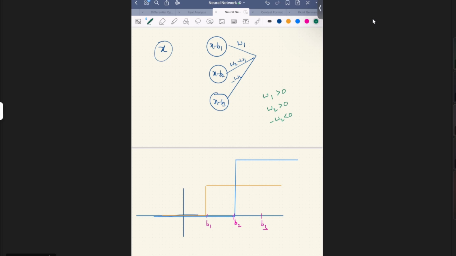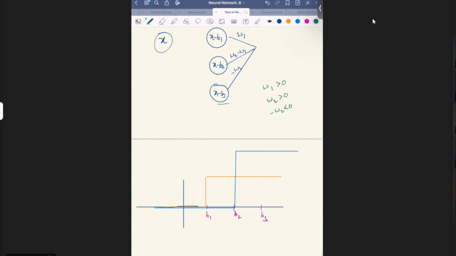Then for the last signal, let me first draw X minus B3. If I draw according to you, then minus W2 puts the signal down somewhere. This puts the signal down, right? Because of the minus.